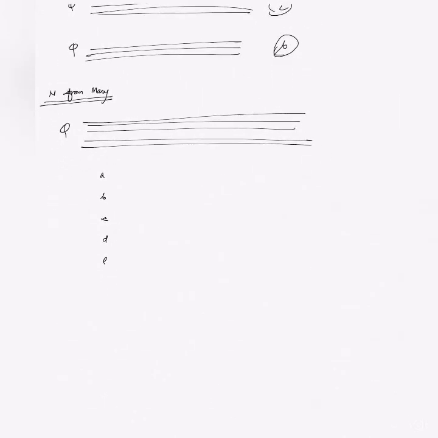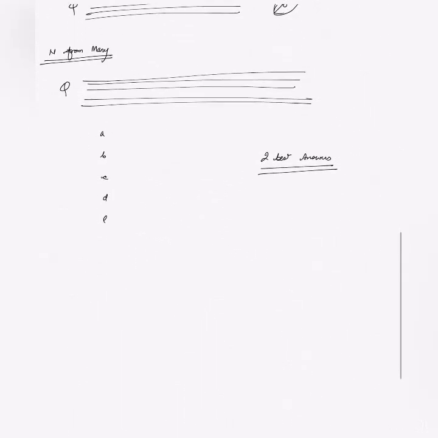So this is N from many. They will ask you to choose 2 best answers, and you have to choose the 2 best answers from the choices given for the same question. This is usually asked in AKP, not in FOP or TAS.